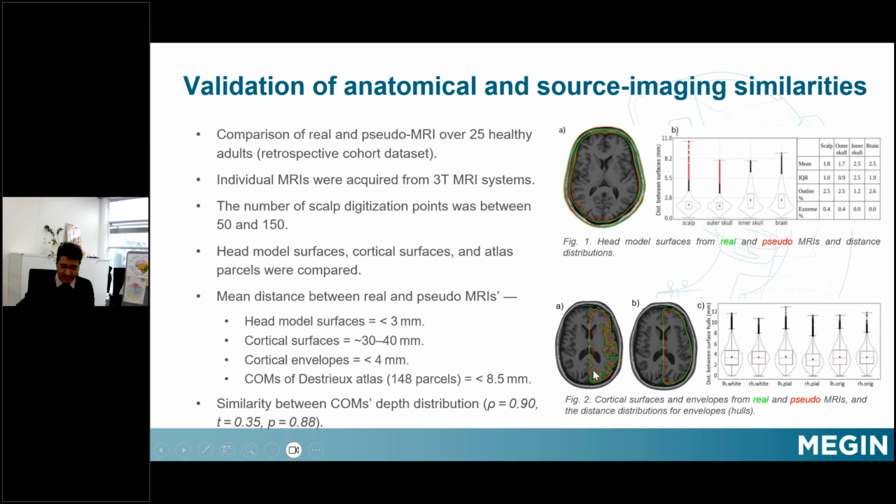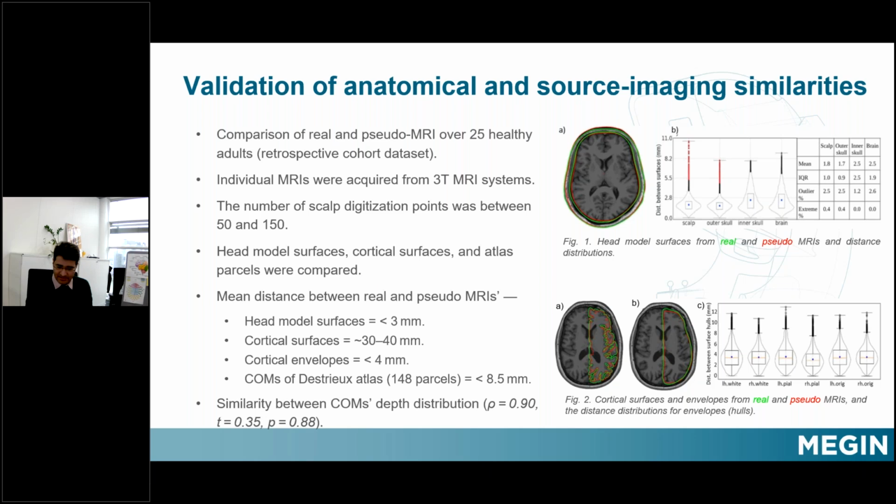Then we further compared the cortical surface, since the templates are usually made of averaged MRI, averaged over several MRIs. So usually the microstructure or the gyri foldings or the microfoldings are averaged out.